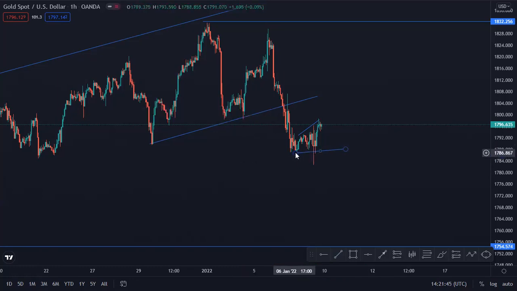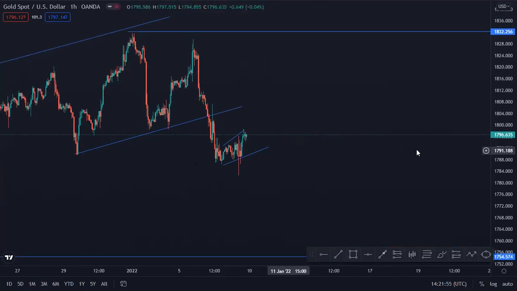The correction might not be perfect, like I say. It won't always be perfect, but this is a correction, and we're just going to enter ourselves right here. Okay, we actually would have already entered the sell on this one.